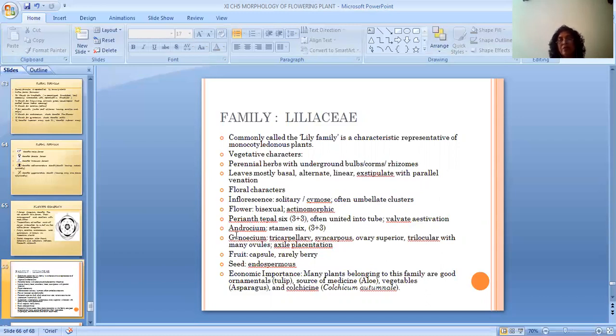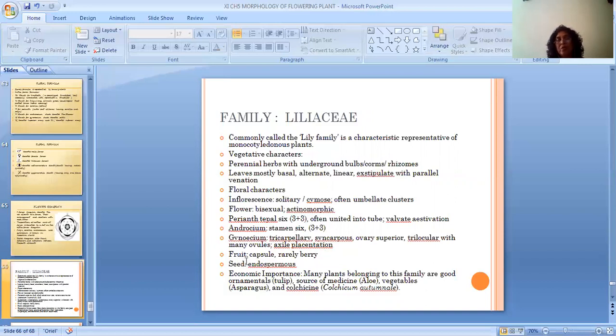If we talk about androecium, stamens are 6, 3 plus 3. Gynoecium tricarpellary, syncarpous, ovary superior, trilocular, with many ovules, axile placentation.